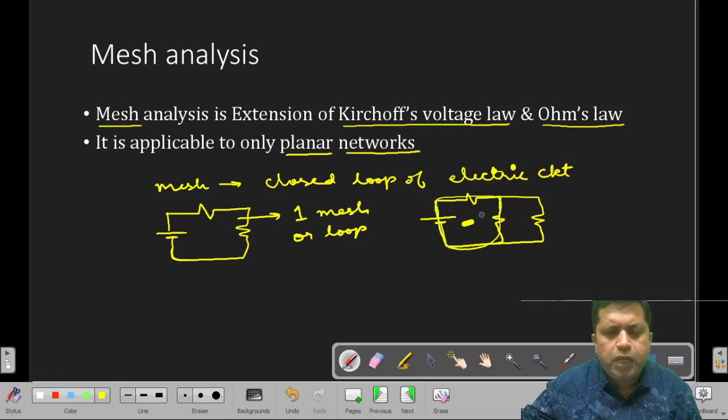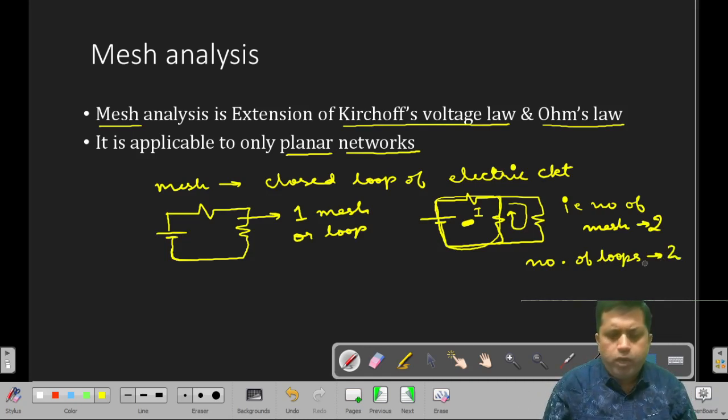This is closed path 1, and this is closed path 2. So the number of meshes is equal to 2, or you can also say the number of loops is also 2.